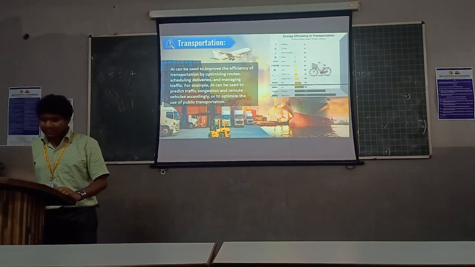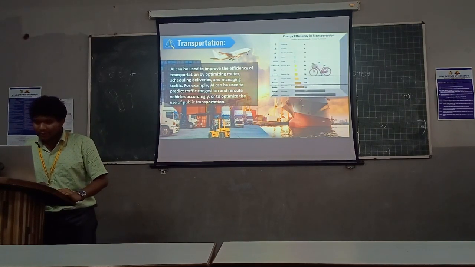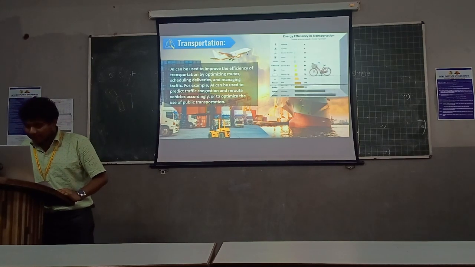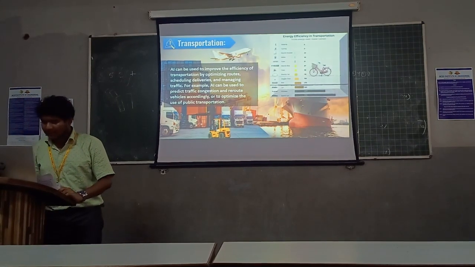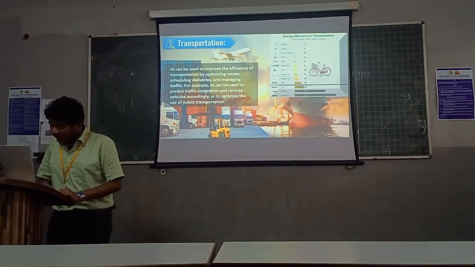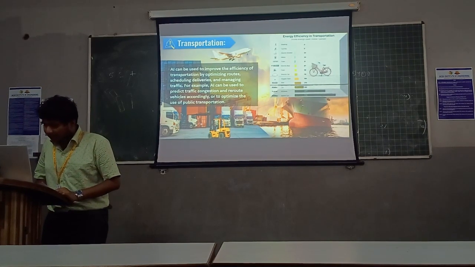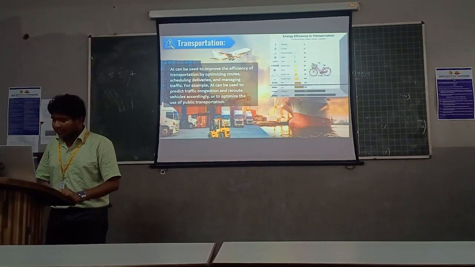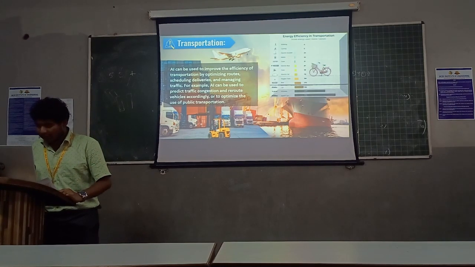The next point is transportation. AI is also used in transportation, like improving the efficiency of transportation by optimizing routes, scheduling deliveries, and managing traffic. For example, AI can be used to predict traffic congestion and reroute vehicles accordingly.